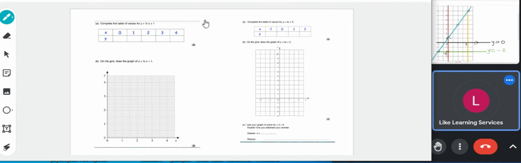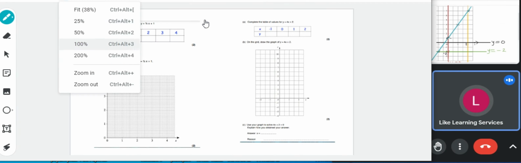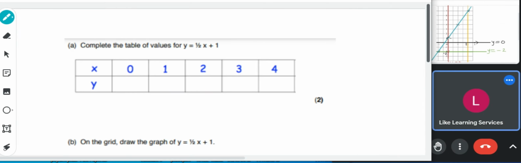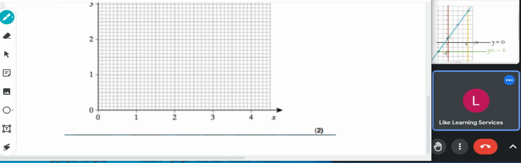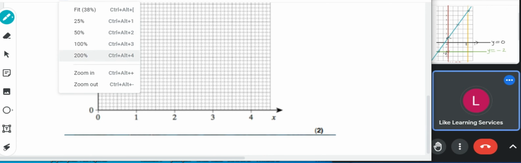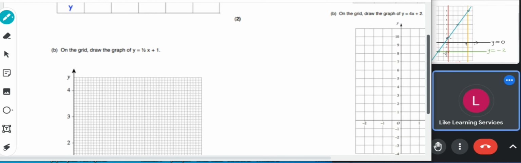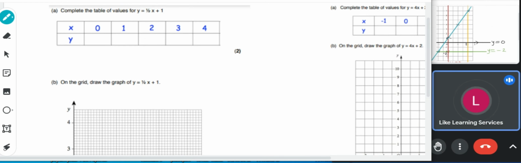There's another question I want to give you. Sorry, I need to zoom out to see better. Let's quickly do this one on the next page. It says complete.